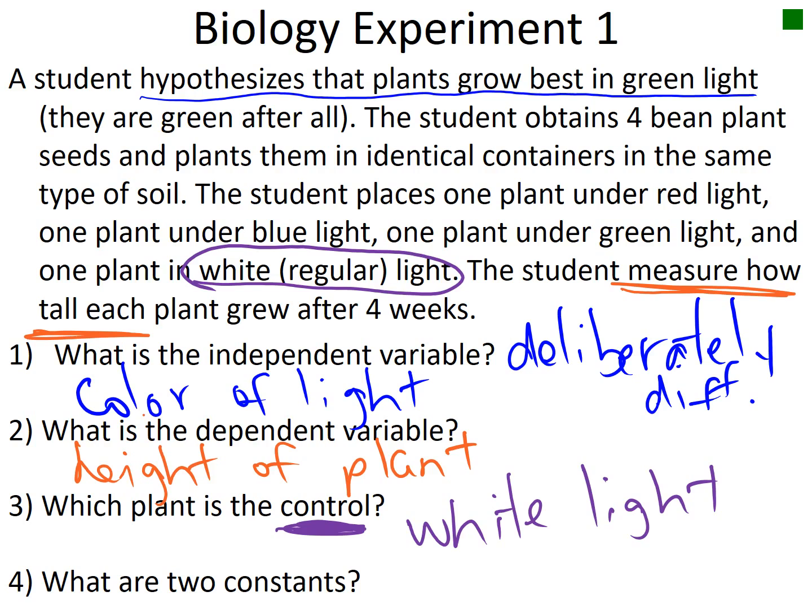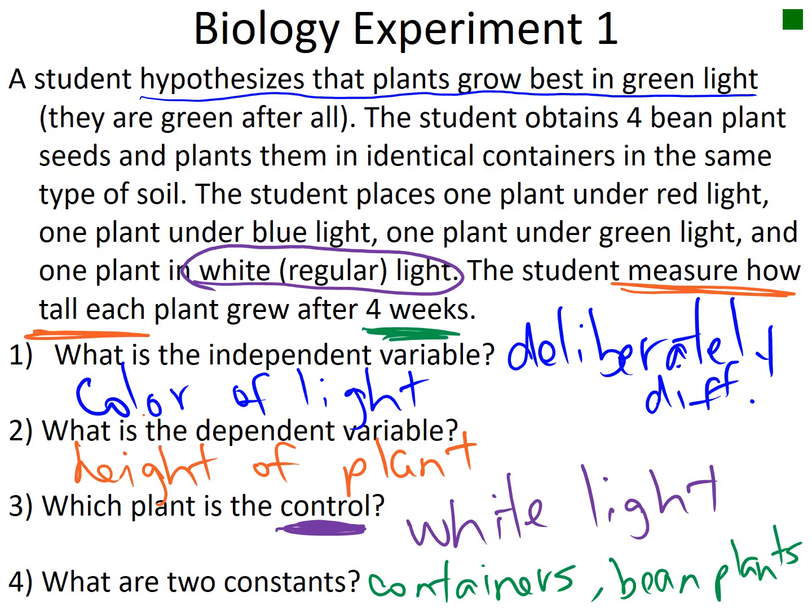There are lots of constants in here. The containers, they tell us that they are the same. They're bean plants. They all grew for 4 weeks. I ran out of room, so I underlined that.